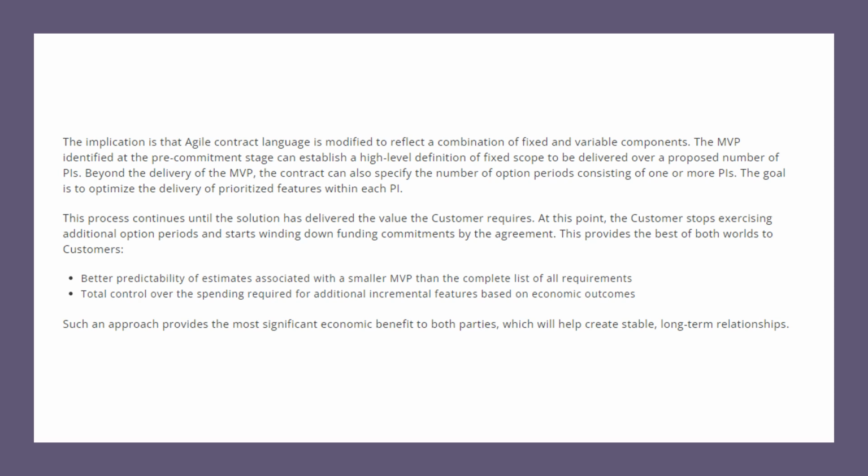Beyond the delivery of the MVP, the contract can also specify a number of option periods consisting of one or more PIs. The goal is to optimize the delivery of prioritized features within each PI. So this process continues until the solution has delivered the value the customer requires. At this point, the customer stops exercising additional option periods or starts winding down funding commitments by the agreement.